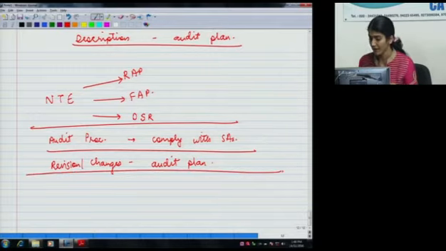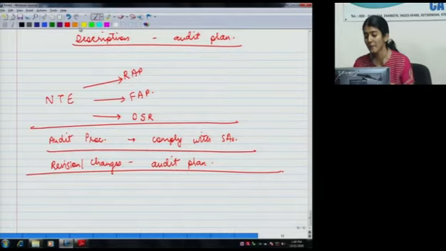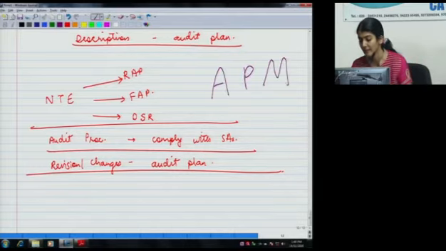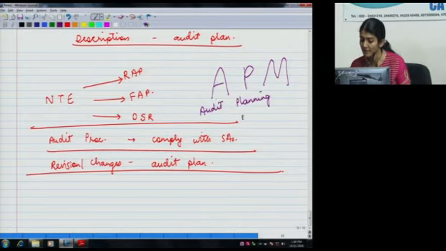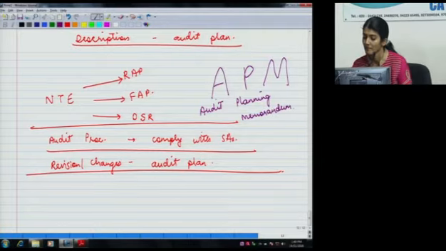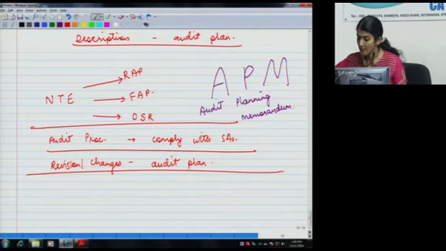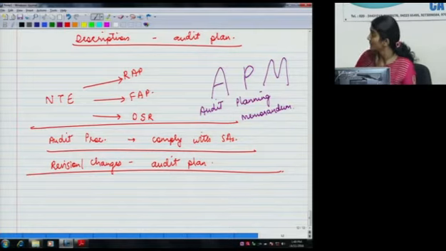If you show anyone your audit plan, in practical language it is also called the APM. What is APM? Audit Planning Memorandum.